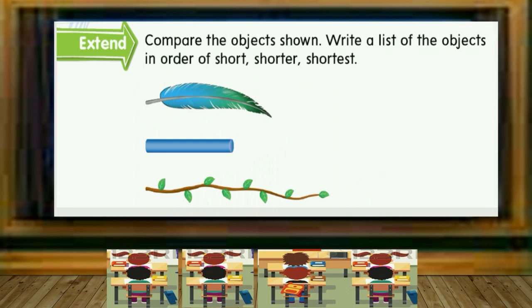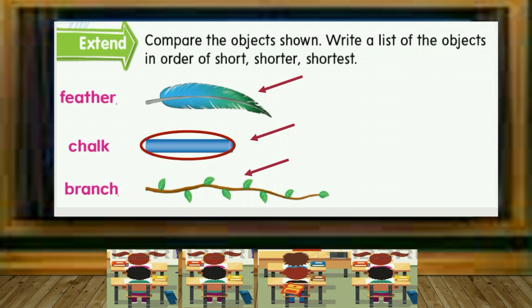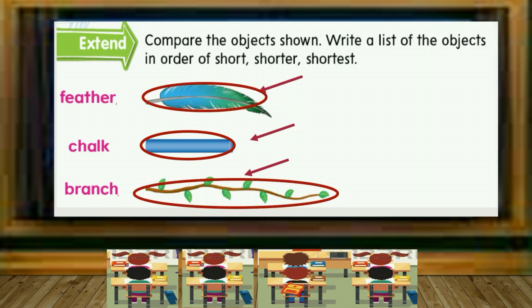Class, let's have another example. Look at the feather, the chalk, and the branch. They are lined up from end to end. The chalk is shorter than the feather. The feather is shorter than the branch. So how do you order them according to their length?